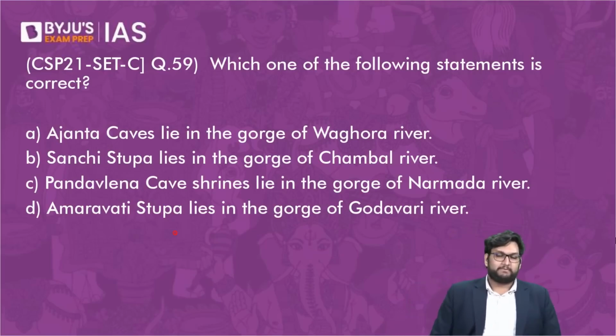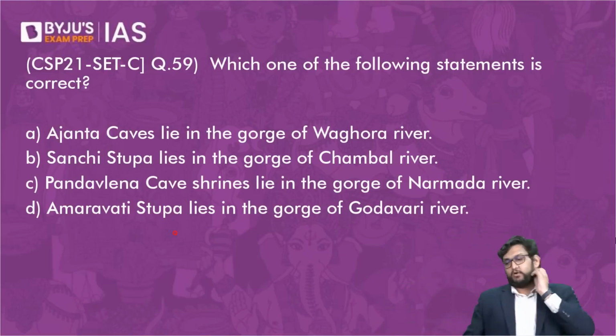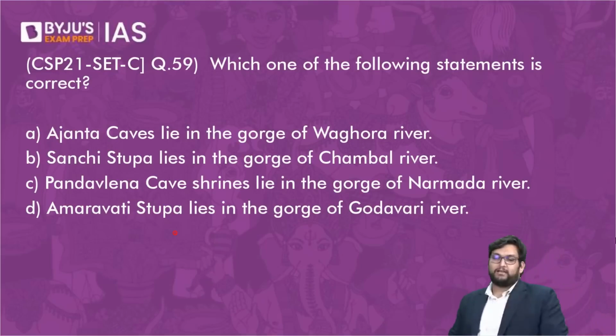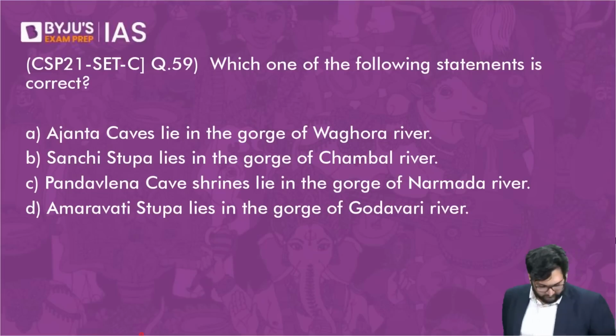Which of the following statements is correct? Ajanta cave lies in the gorge of Vogharo river or Voghora river. Sanchi Stupa lies in the gorge of Chambal river. Pandavleni cave shrine is in the gorge of Narmada river. Amravati Stupa lies in the gorge of Godavari river. Come on.